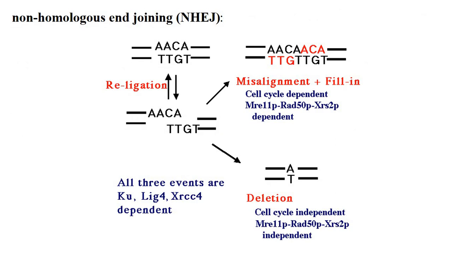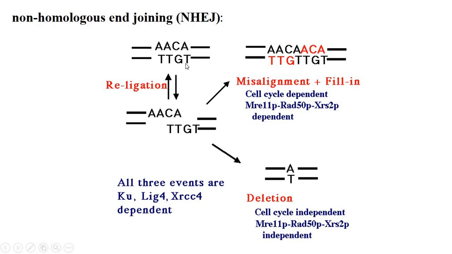This is an example of how a mutation happens with non-homologous end joining. Here, this sequence is AACATTGT. If a double-stranded break happens in this sequence, the cell tries to ligate it and find some sort of homology. What it found here is this AT homology, but it's a mispriming.